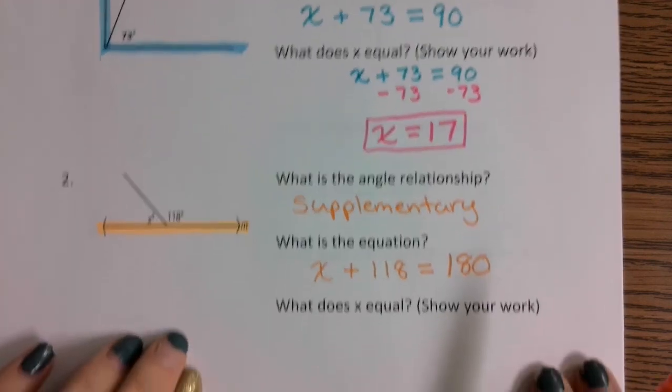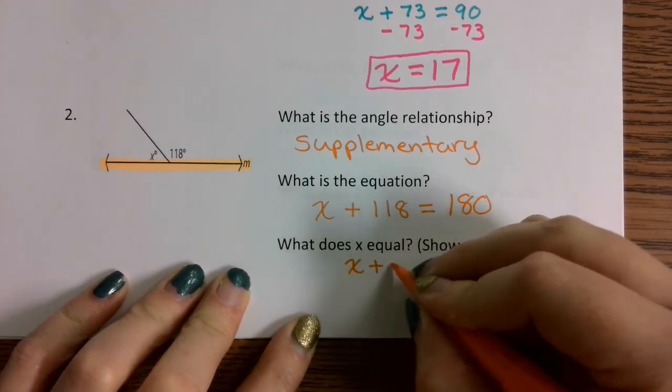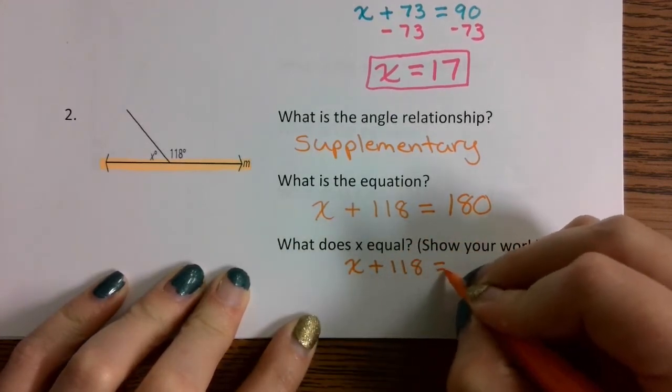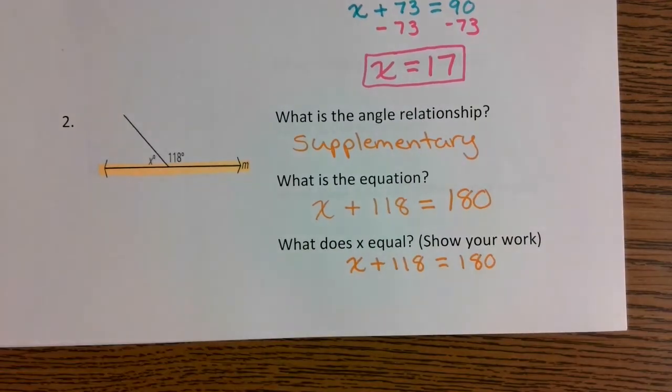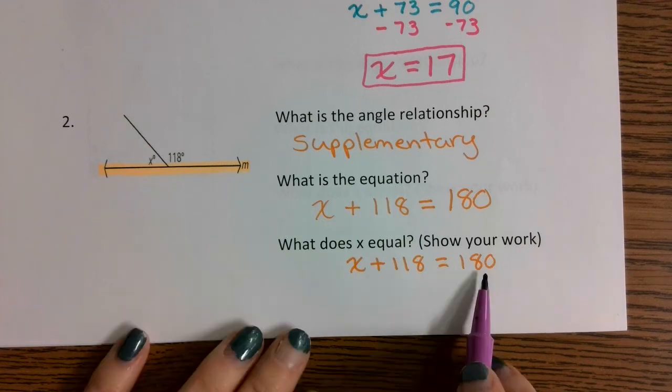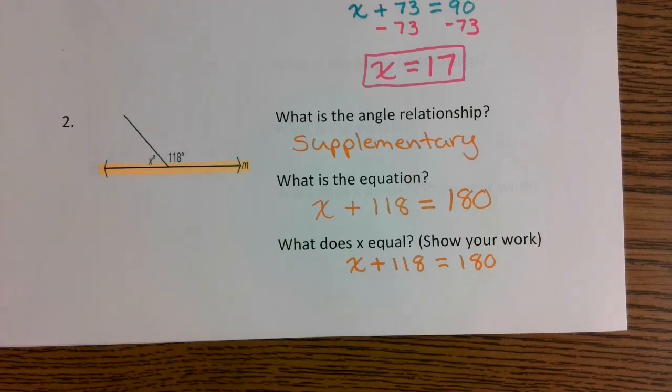Okay, now we're going to go ahead and solve. Azariah, what do I have to do to solve this equation? If I have x plus 118 equals 180, what am I going to do to both sides? Remember, opposite operations, inverse operations, right?